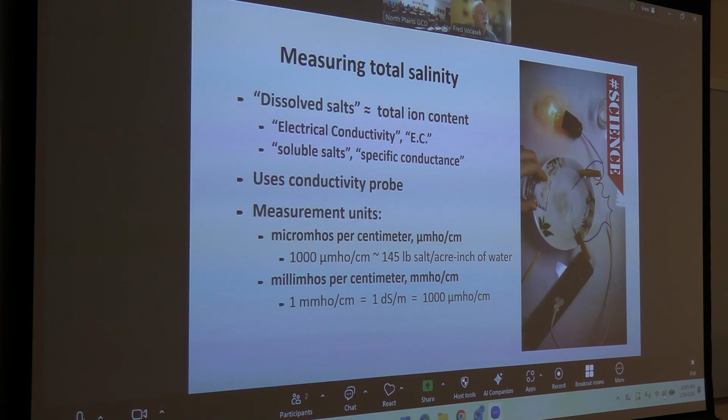But what we do is we have an instrument that we pass an electric current through a water sample. And if there's distilled water, we'll not pass a current. But if we start adding salt to it and start getting more ions, the more and more ions we have there, the more and more current passes between those electrodes. So more and more ions means a higher and higher salt content.